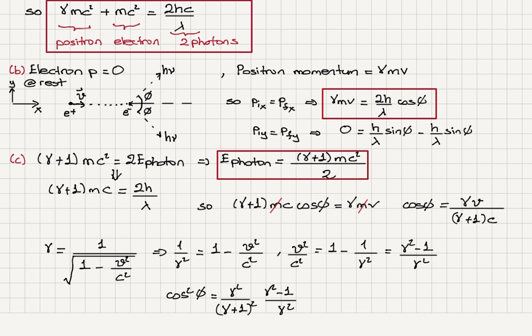So these gamma squares will cancel out, and I find that this is gamma square minus 1, which is gamma minus 1 multiplied with gamma plus 1, divided by (gamma plus 1) squared, gamma plus 1 multiplied by gamma plus 1. So gamma plus 1s will cancel.